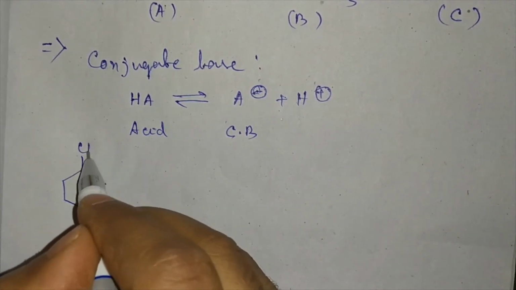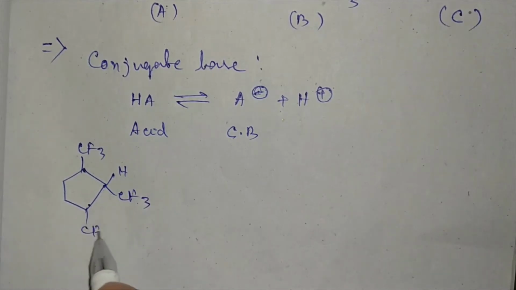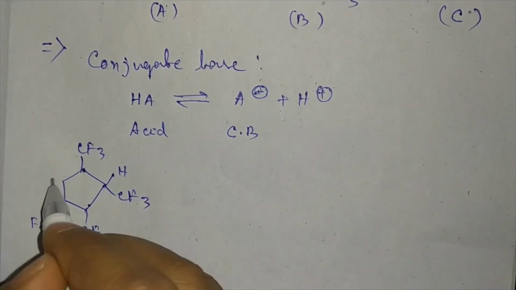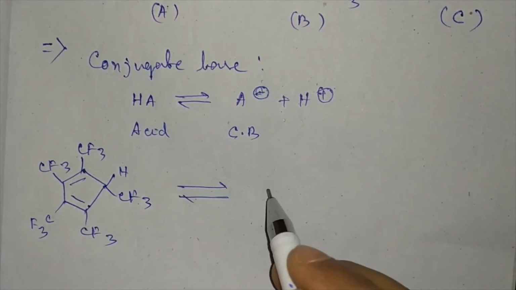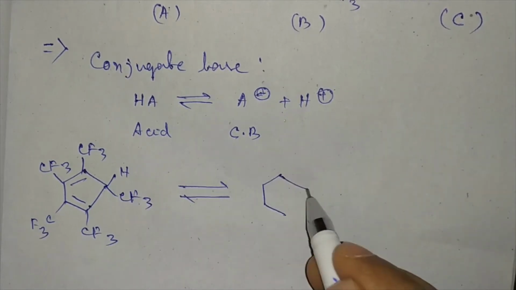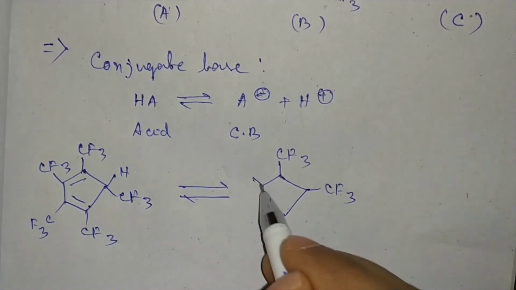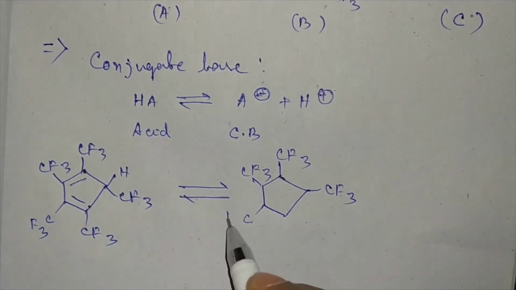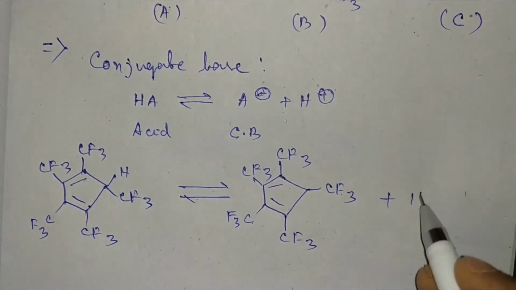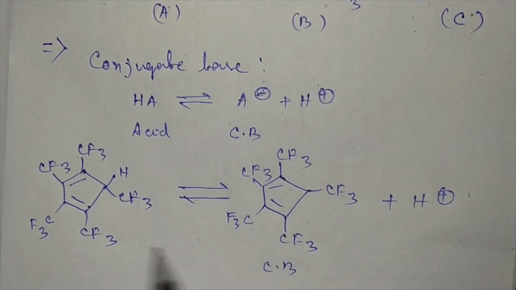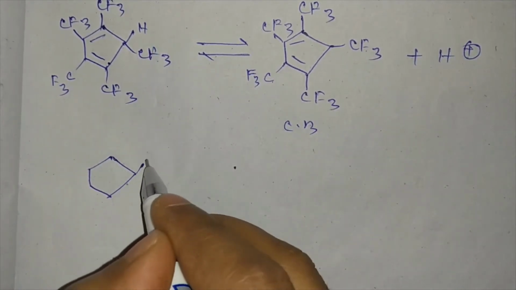For this compound A, here one H plus is there, plus H plus. So this is the conjugate base of this acid. Next we will come to this compound.